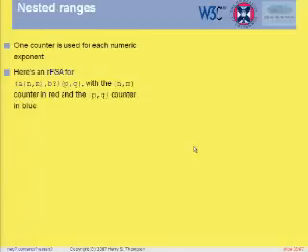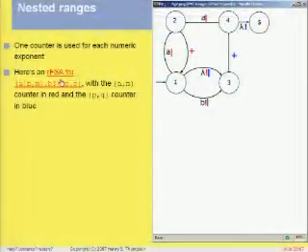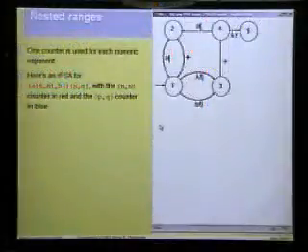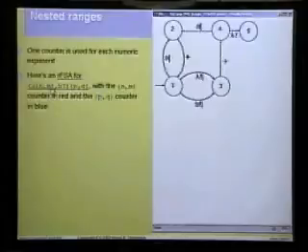You have several counters for each numeric exponent. So here's what the FSA looks like in the nested case. Right? This is not easy to read, but this is an A with some numeric range, optional B, and then a numeric range on the whole thing.